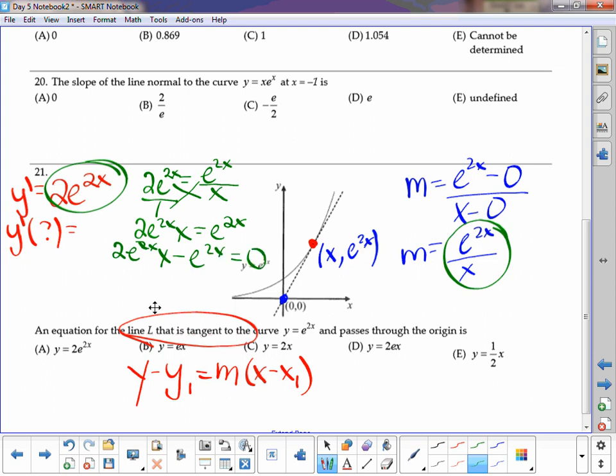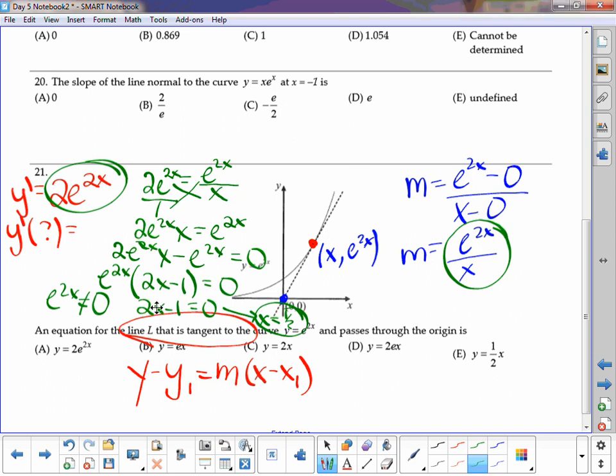Equals 0. And if I want to find what this equals 0, go ahead and factor out any common factors. So e to the 2x, leaves us with 2x minus 1 equals 0. I know that e to the 2x never equals 0 because it's always positive. 2x minus 1 equal to 0 gives us an x value of 1/2. Questions on that?